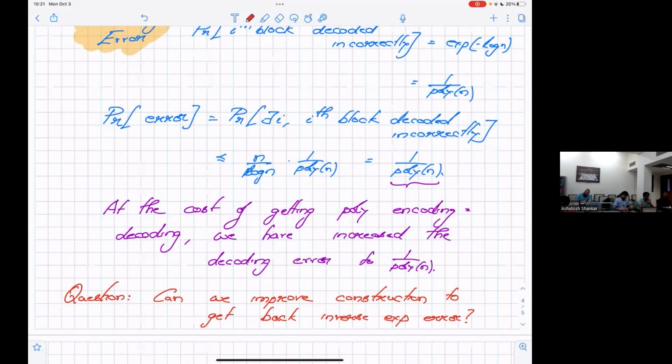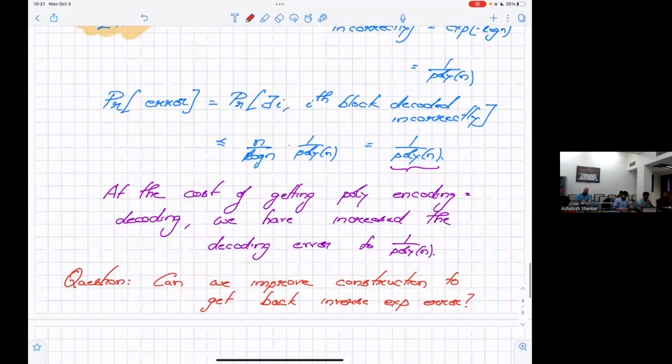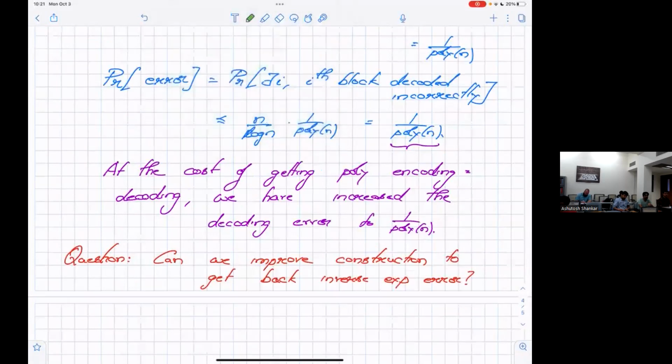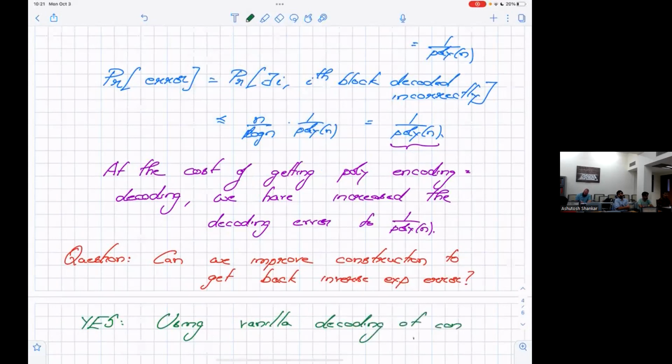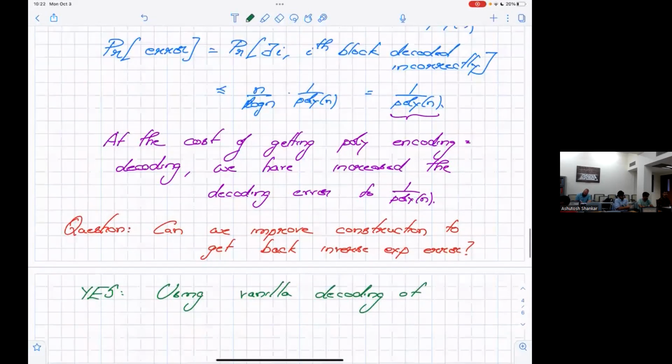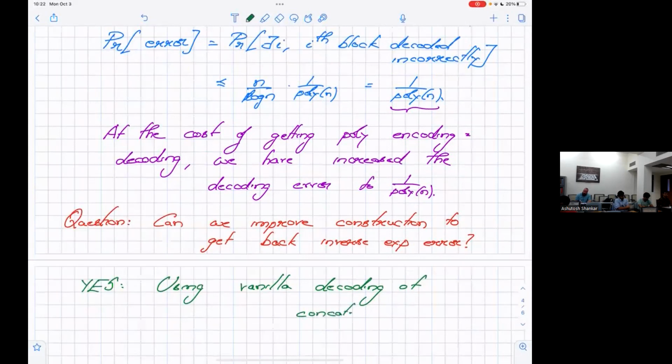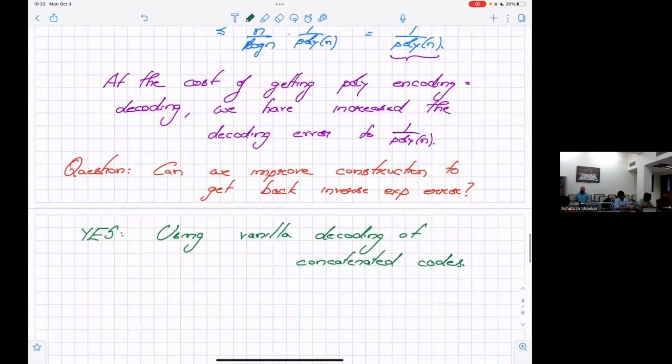And the main result of Forney over here is yes, using vanilla concatenation, vanilla decoding of concatenated codes. And this is due to Forney.